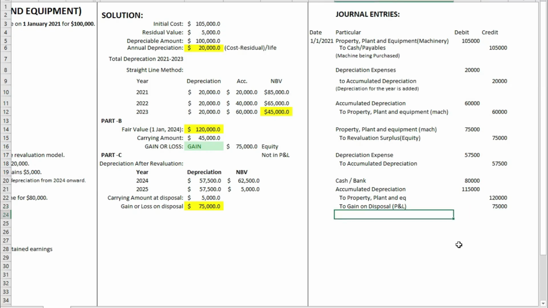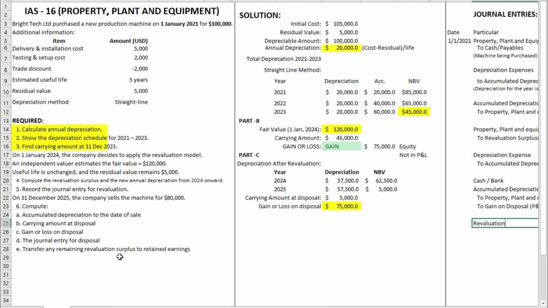Again another journal entry would be recorded, which is the revaluation surplus. This is our transfer of the remaining revaluation surplus to the retained earnings.